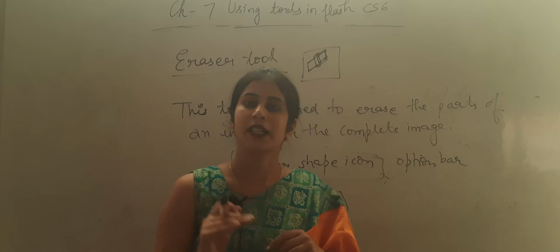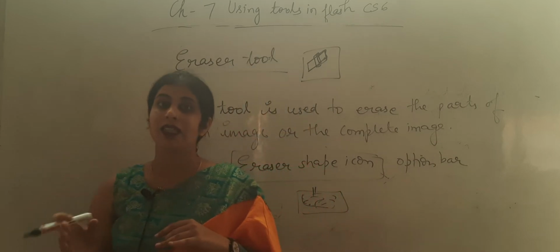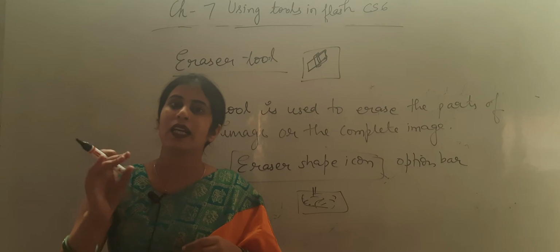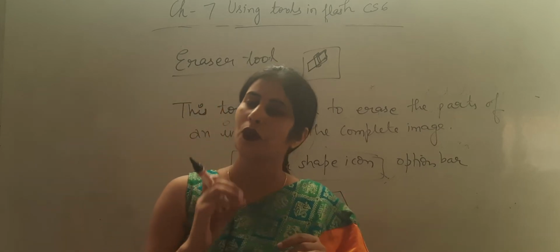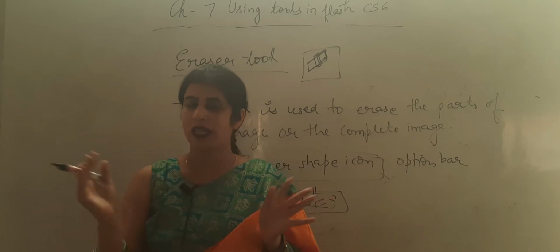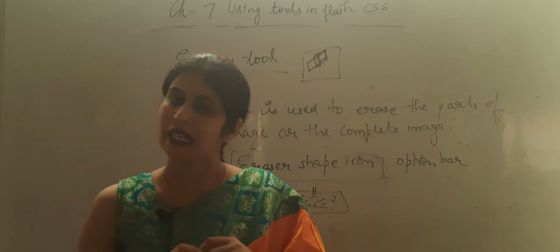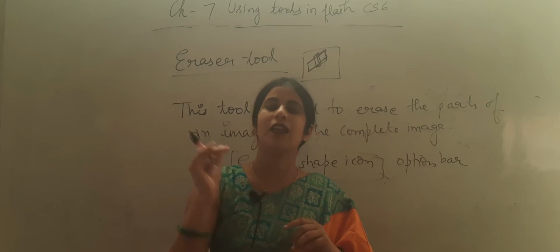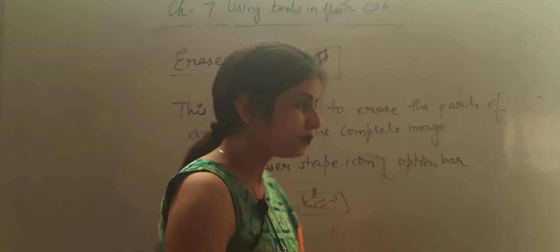This erase selected fill is used to erase the stroke area that is selected. If we are using erase normal mode, it is going to erase the fill as well as the stroke, but if we are using erase selected fill, it will erase only the selected stroke or selected area that we had selected here.